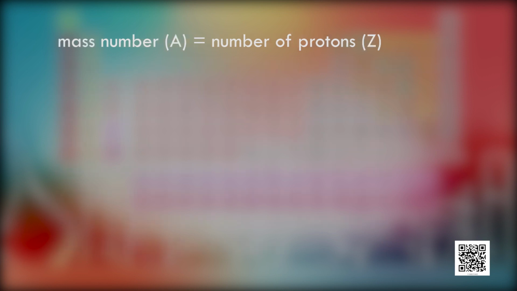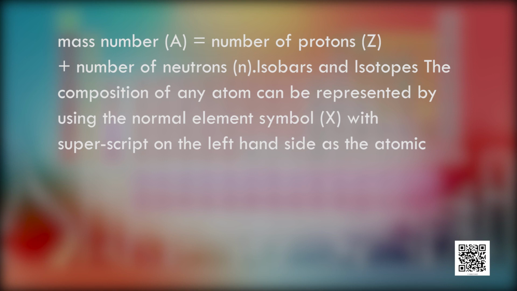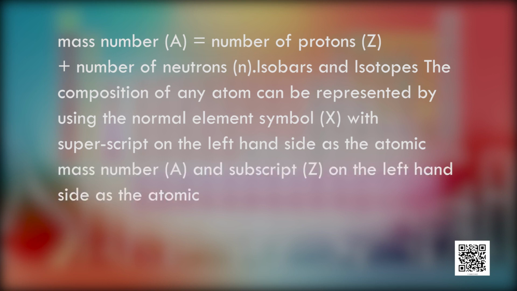Mass number represented by capital A is equal to number of protons Z plus the number of neutrons n inside the nucleus. Now that we have learnt about A, the mass number, and Z, the atomic number, let us understand the composition of isobars and isotopes.